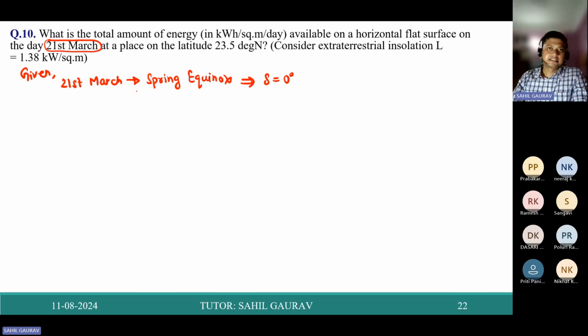And we also know that on equinox days, the length of day and night is the same.